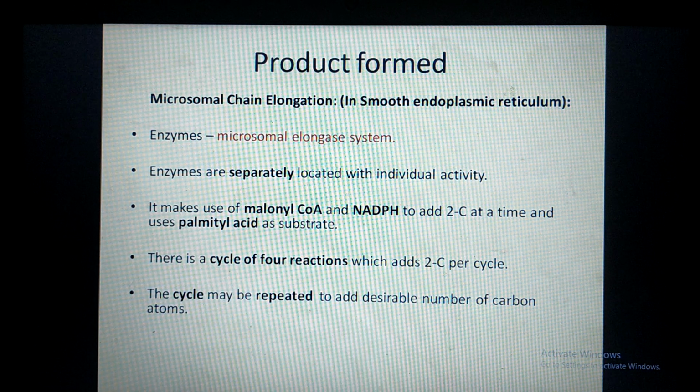Second, they utilize palmitic acid as a substrate, and to this palmitic acid they add malonyl CoA, and with the help of NADPH they increase the length of palmitic acid by 2 carbons to form stearic acid. Again the same cycle is repeated.